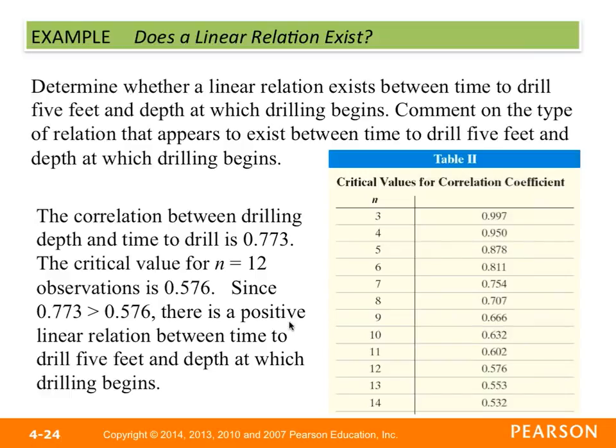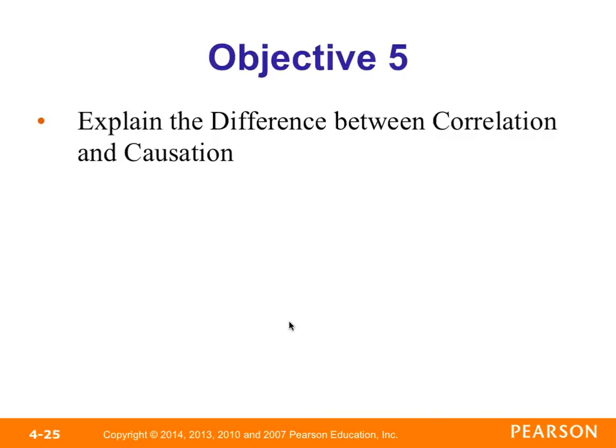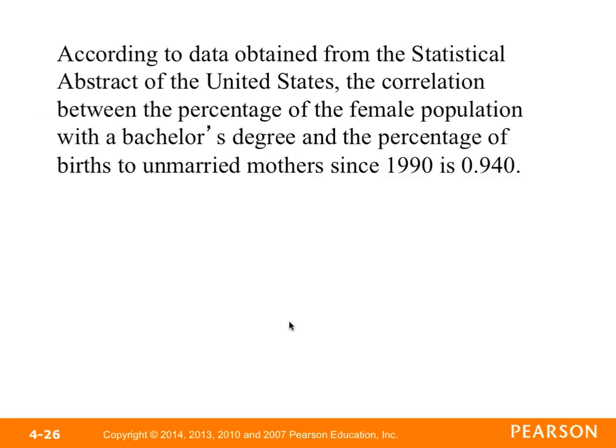Now, the other way that we should know this is the very first thing that we did: we looked at a scatter diagram of this data, and it pretty clearly showed that we have some kind of positive relationship between the two, okay? And it did look linear, so we should be expecting there to be some kind of positive linear relation.